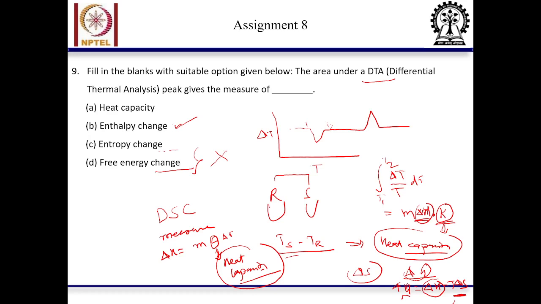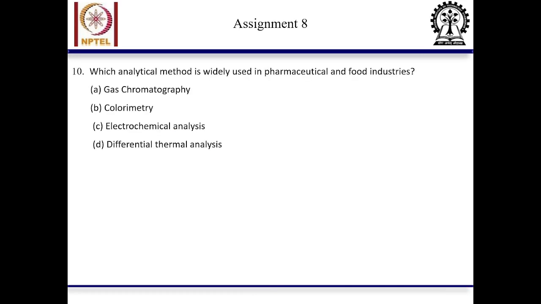Yes. Now, in question number 10, which analytical method is widely used in the pharmaceutical and food industry? Can anyone tell? The differential thermal analysis.